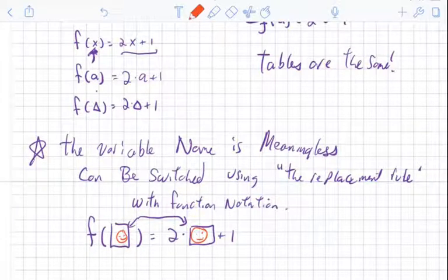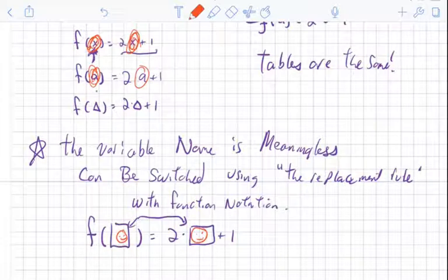That's the replacement rule, where you just switch out the x or whatever variable is in here with whatever you replace it with. If I switch the x for an a, I just replace these x's with a's. Okay? It's a tool to evaluate functions like we have been, but it's also a tool that lets us do some fun algebraic manipulation, including changing the variable.